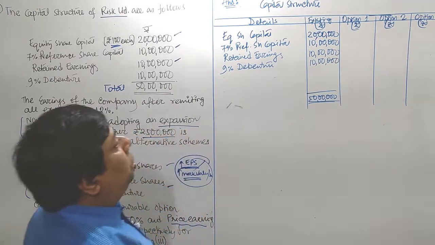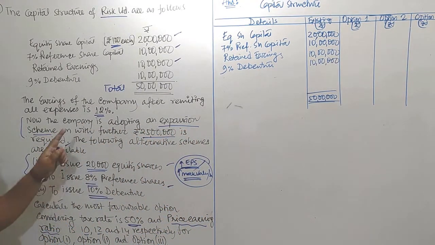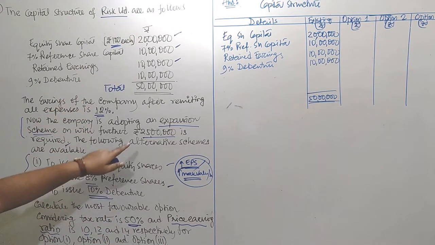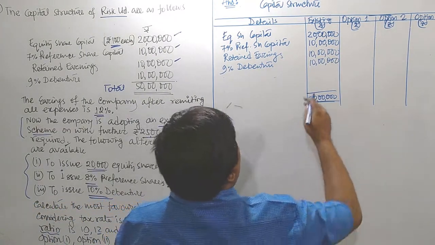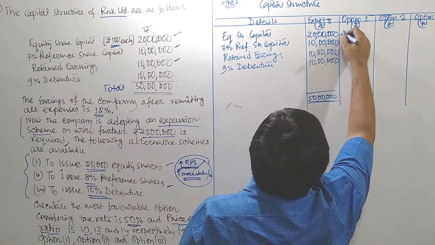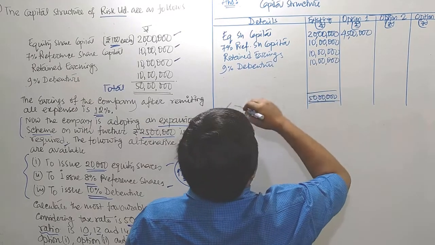Now one by one. Option 1 in the alternatives, the company is going to issue only equity shares, 20,000 equity shares, and the company can collect how much? 25 lakhs. Then in case of option 1, it is 20 lakhs plus 25 lakhs. The equity share capital goes to 45 lakhs.